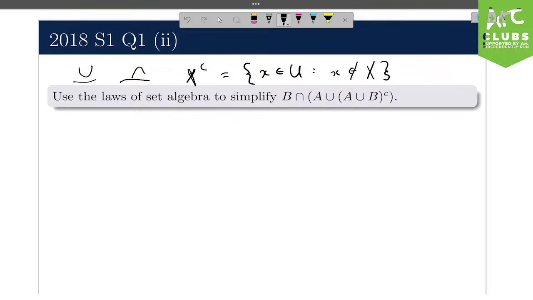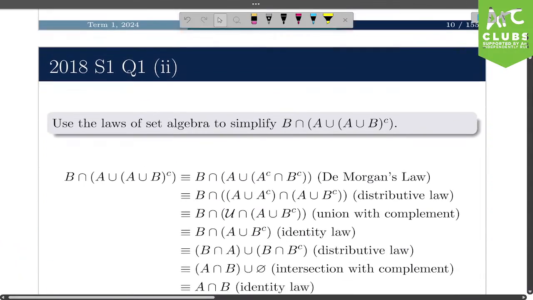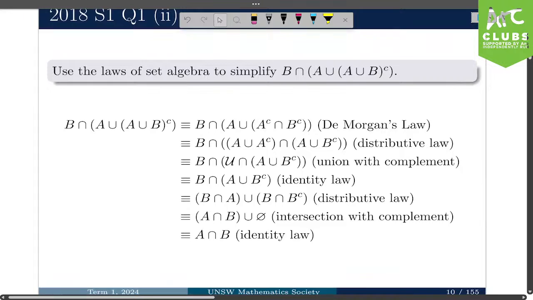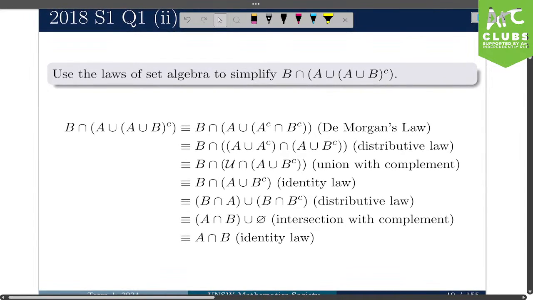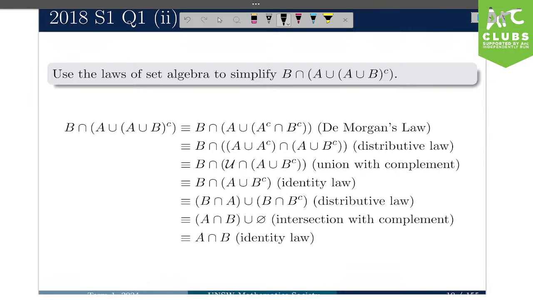The way you actually operate with these symbols, the way you form algebra with them, is using the laws of set algebra, right? And that is available online in the slides, in the 1081 slides, in case you've forgotten any of them. So if you want to see how we would go about this question, here we would apply first De Morgan's law, right?